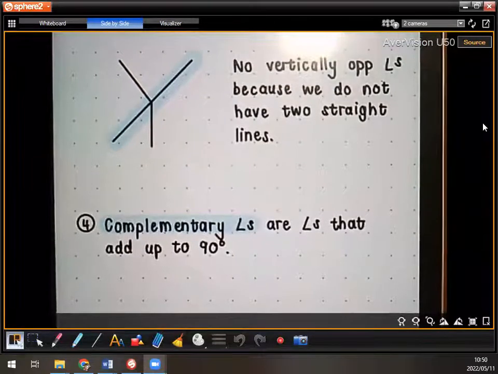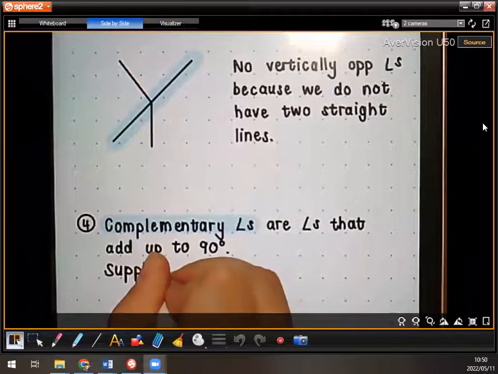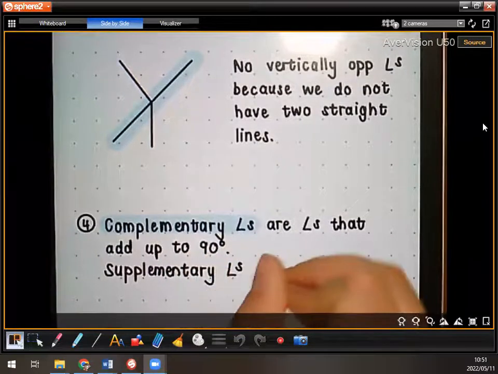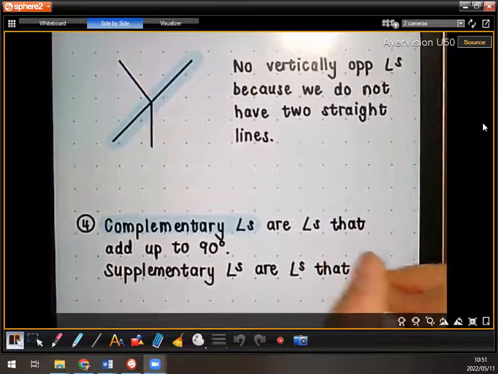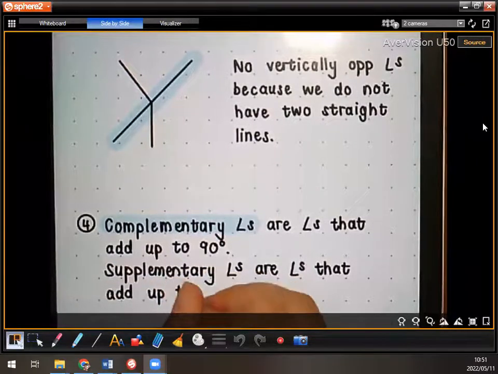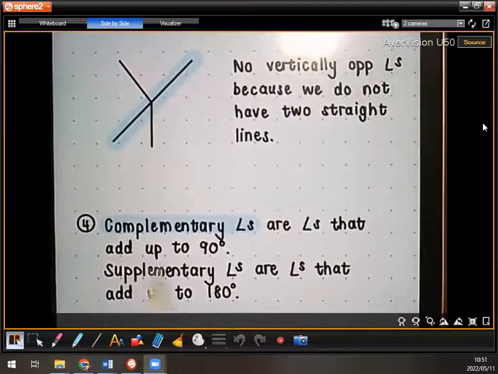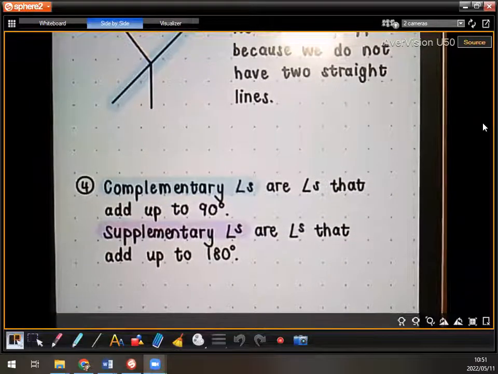And then the second one is similar: supplementary angles are angles that add up to 180. Now guys, you don't have to use this terminology ever. It's just so that if they give you those words, you know what they mean. So complementary, add up to 90, supplementary, add up to 180.